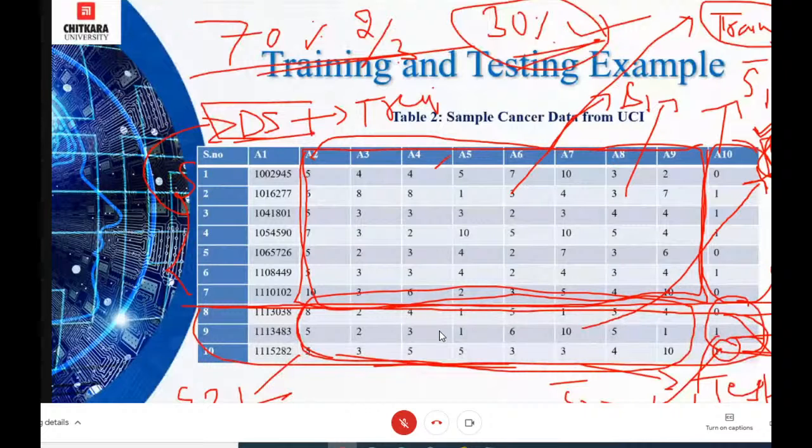Remember, the testing data is unseen for the model, and the results will be validated. And suppose that we are not getting a good result, then you retune your parameters and hyperparameters.